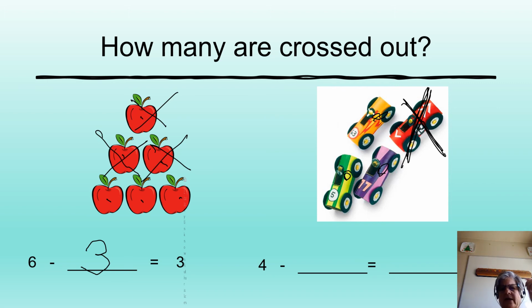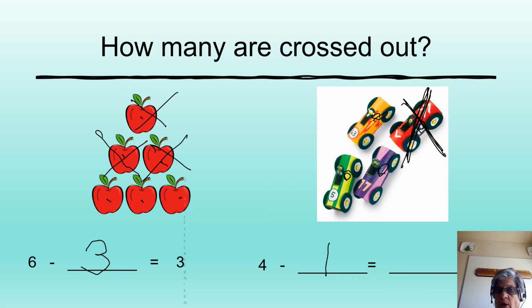Then it says take away. So I have to look and I think, oh, you know, the first thing I do when I take away something is I put an X on it. And I see there's an X already on one car. So I put take away 1. I put a 1 because I have an X on one car. And this time I can figure out the answer too. We started the problem with 4 cars.